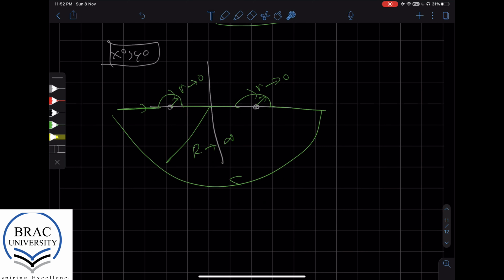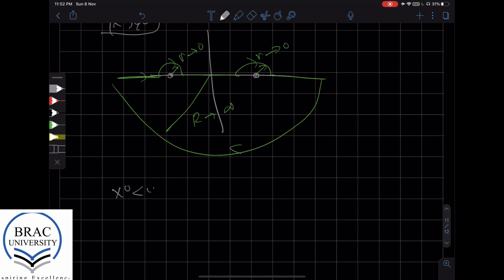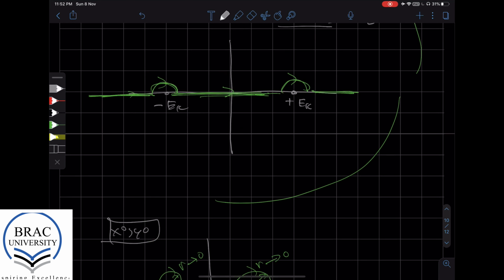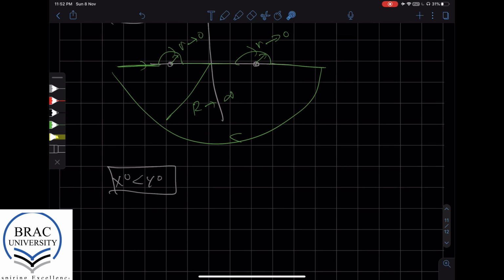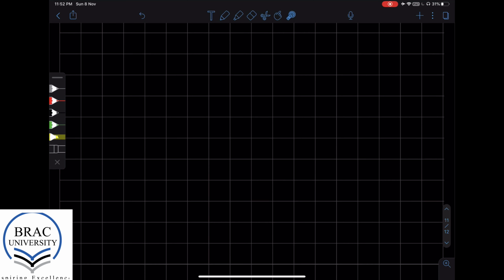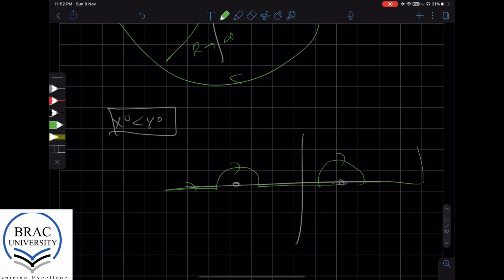On the other hand, when x0 is less than y0, we see that this exponential factor decays only in the upper half plane. So in that case, the integral that we have to do has the form of, so we have the poles here, and the contour we have to take has to go like this, and then it has to be closed on the upper half plane.